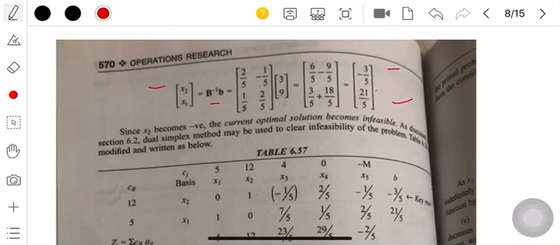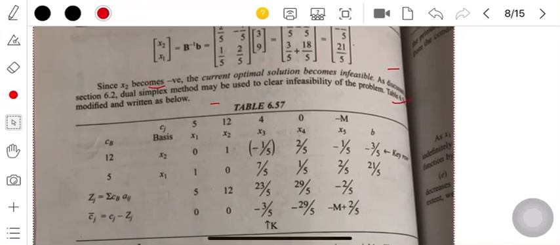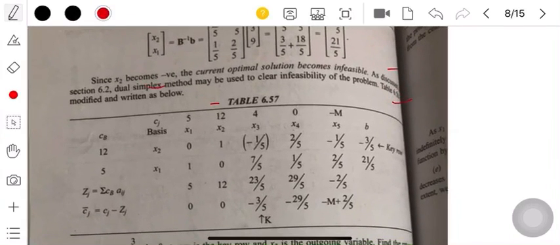So now to get the optimal feasible solution, we have to use the dual simplex method. So now we are going to remove the infeasibility using the dual simplex method. So let us do this. This is the original matrix, the coefficient of x2, x5, 12 and 5, and the rest of the things are the same.